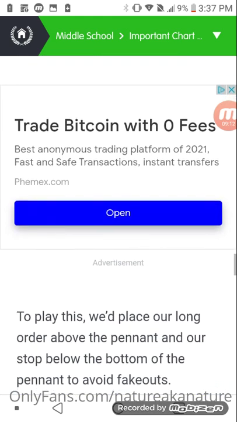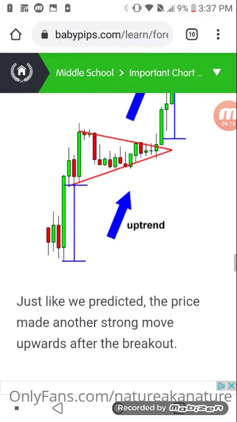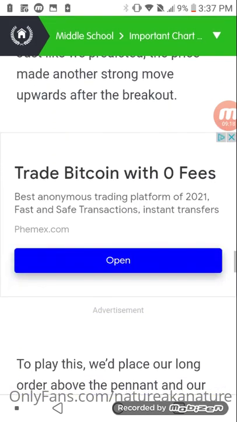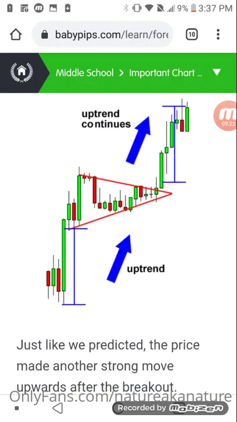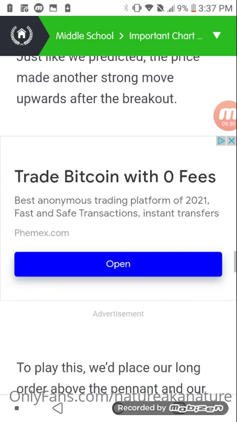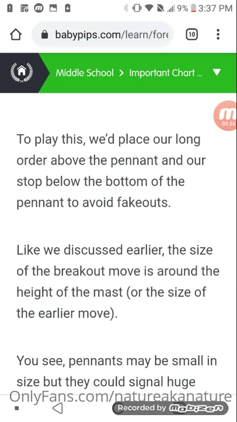To play this position, we'll place our long position, which means buy, above the pennant, because we know that price wants to continue going up. We'll place our stop loss below the bottom of the pennant to avoid fake outs.